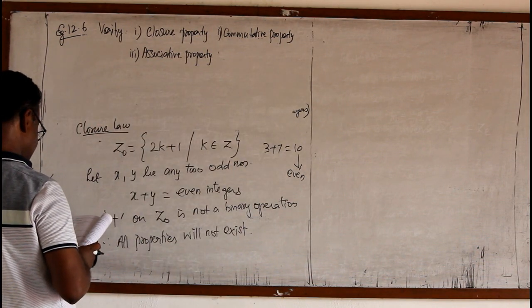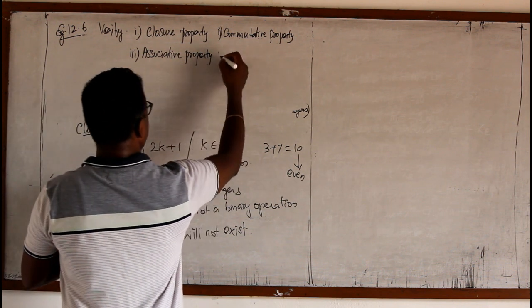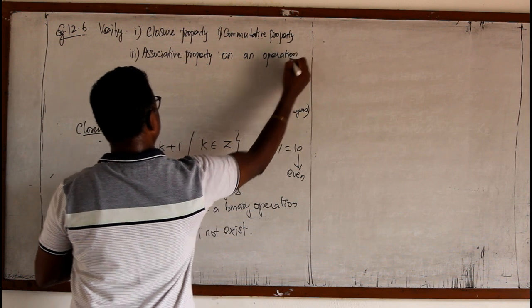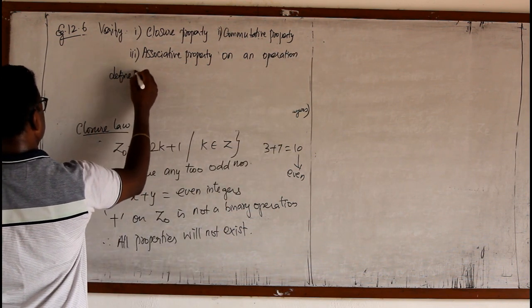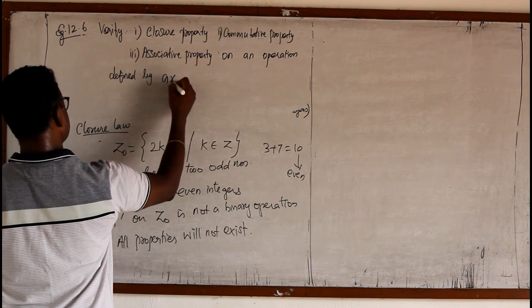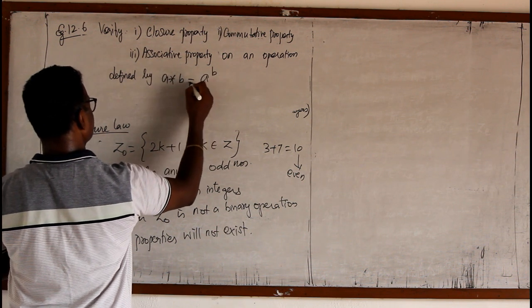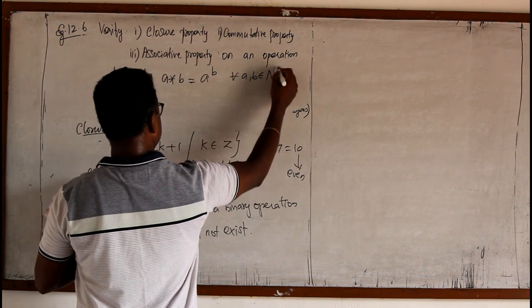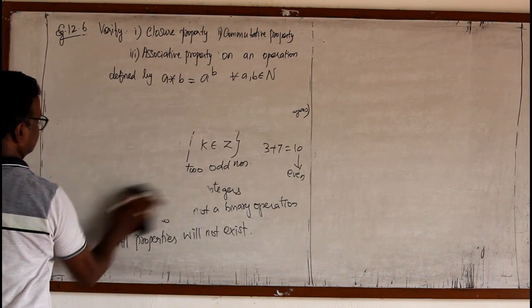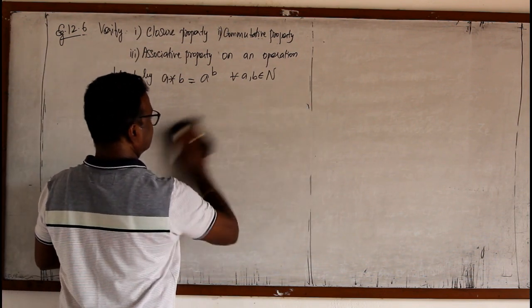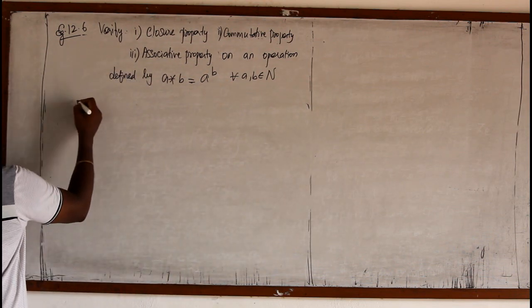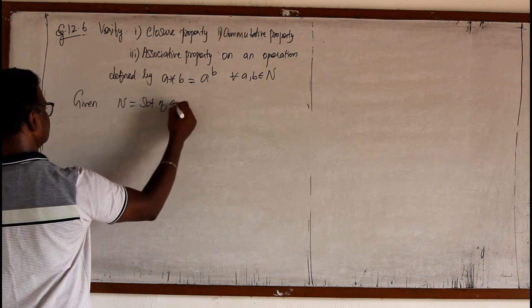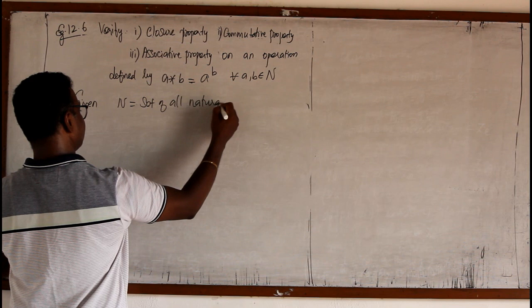On N, an operation star is defined by A star B equals A power B, for every A, B belonging to the natural numbers.